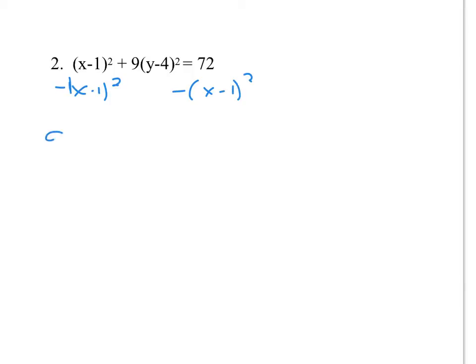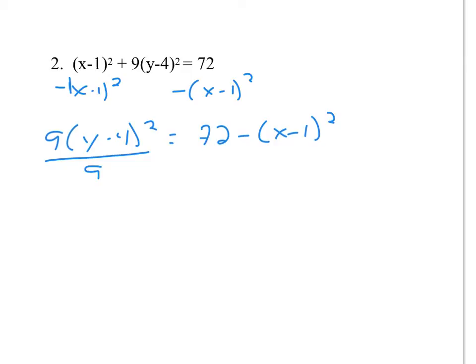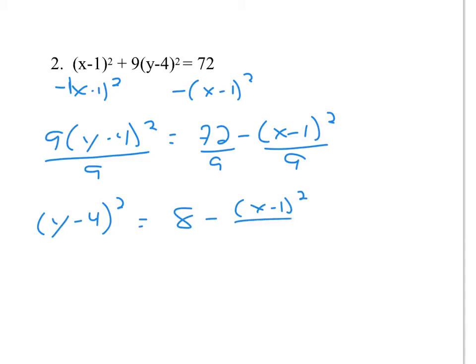So I have 9 y minus 4 squared is equal to 72 minus x minus 1 squared. Divide by 9. Okay, so it looks like I have y minus 4 squared is equal to 8 minus x minus 1 squared over 9.